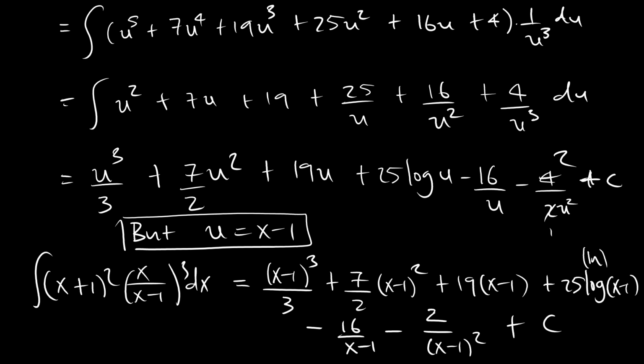So I think what we may end up doing is we might bunch this constant here with this constant here, so that we're left with (x minus 1) cubed over 3 plus 7 over 2 times (x minus 1) squared plus 19x plus 25 natural logarithm of (x minus 1) minus 16 over (x minus 1) minus 2 over (x minus 1) squared plus the integration constant.